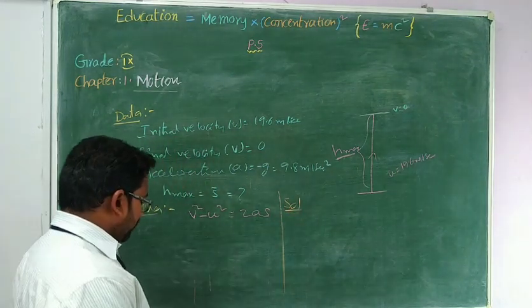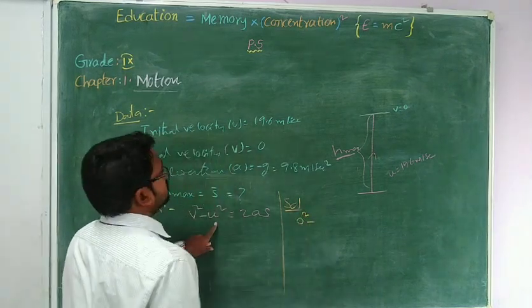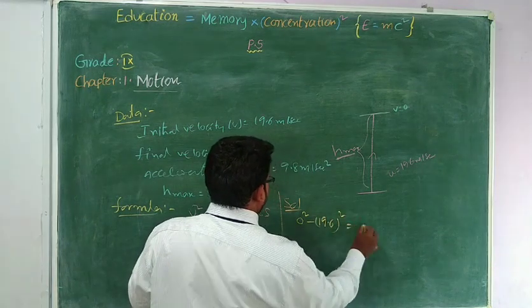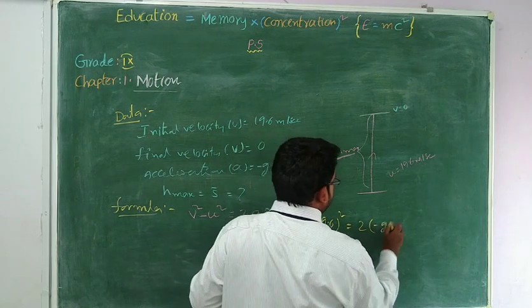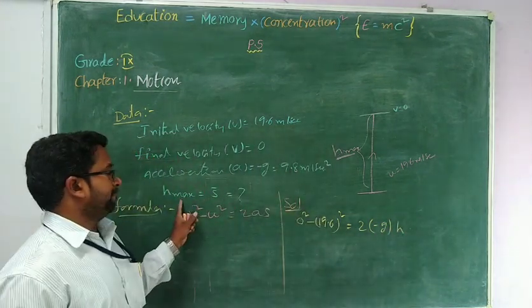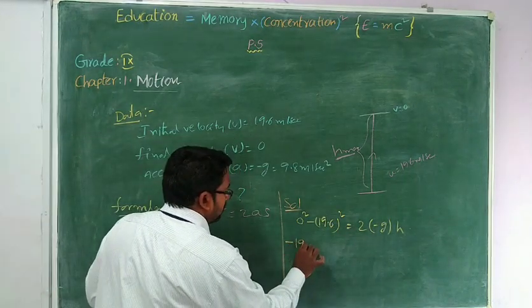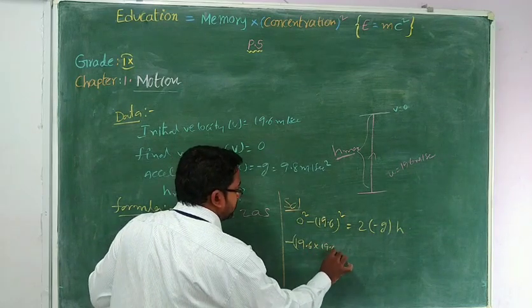Okay, simply substitute the values here. V is 0, so 0 squared minus U, 19.6 squared, is equal to 2 into A, which is minus g, into S, which is about h. Now, what did I do here? Minus 19.6 into 19.6.